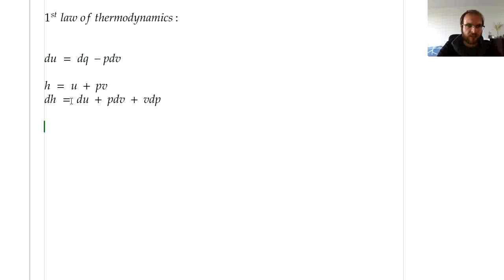Now let's combine together the first equation and the third one. So we can write that dH is dq minus pdv, and now plus pdv plus vdp. We can see that the pdv's cancel out.